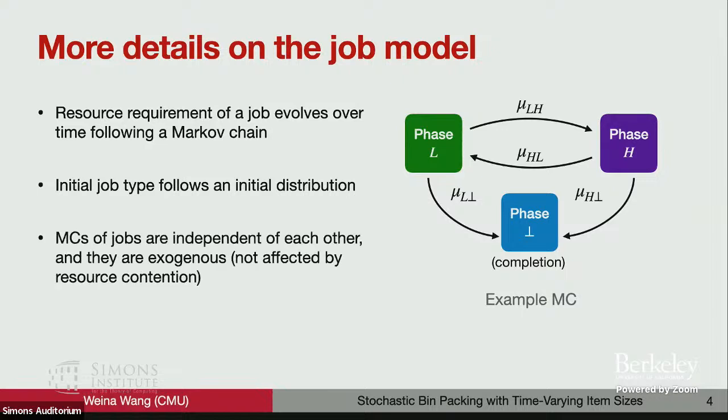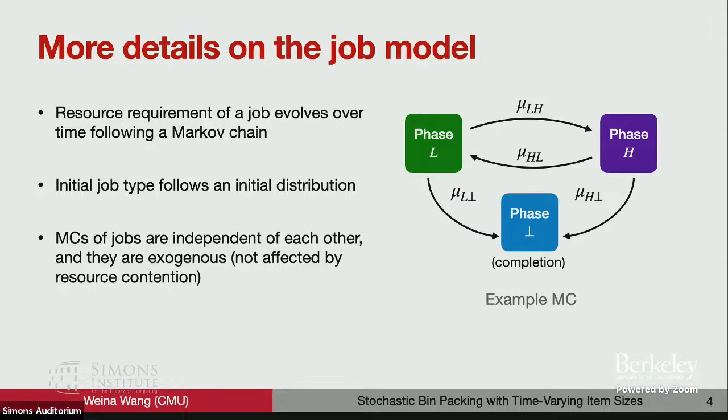The Markov chains of different jobs evolve independently, and this dynamics is exogenous in the sense that it's not affected by the resource contention. Think of each job as a container job or virtual machine job. It's serving user-facing demands that come from the users.